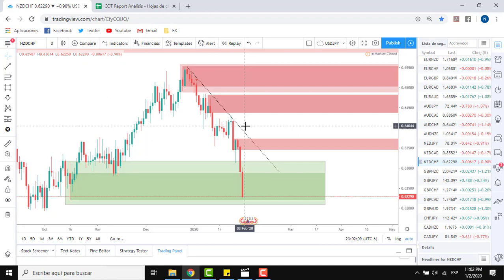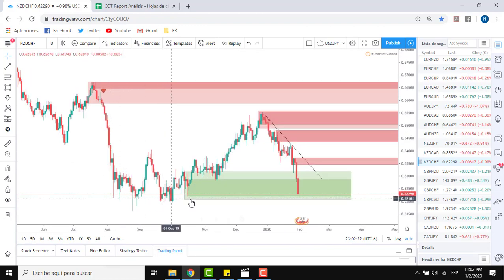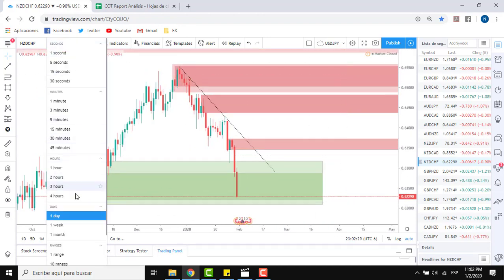But if you are a technical analysis trader, you will be watching a support level right here, and that will also work. So I'm going to apply the same thing.